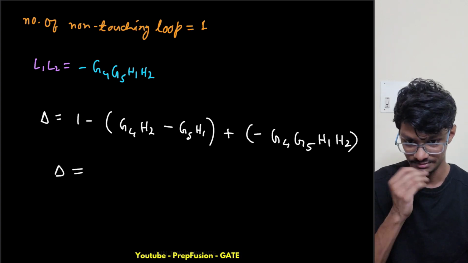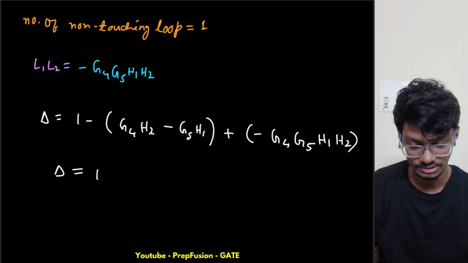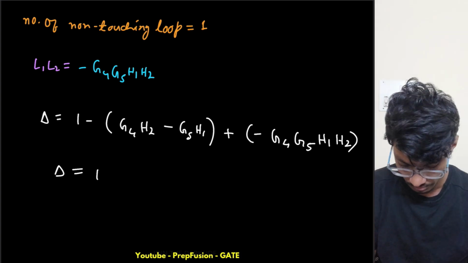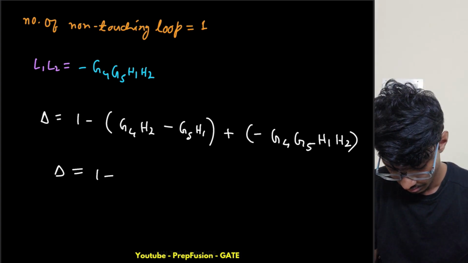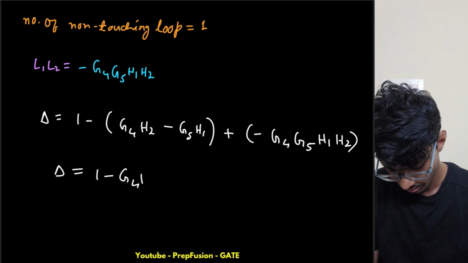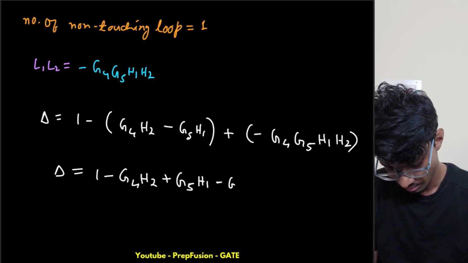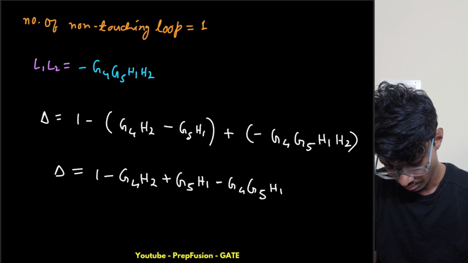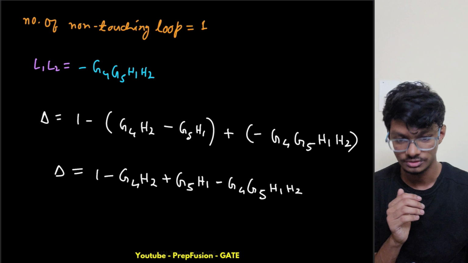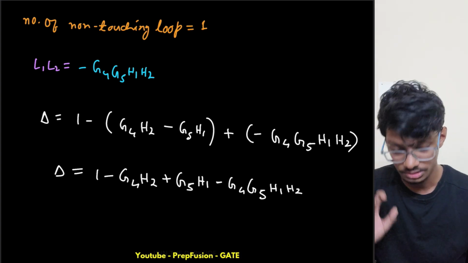This is delta. So this becomes simply G4 G5 H1 H2. Okay, so this is the delta.